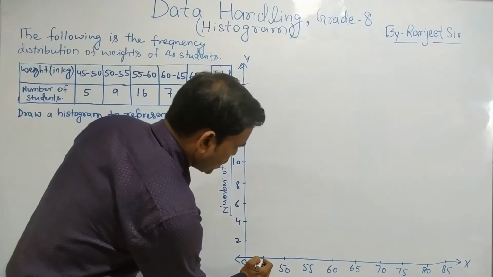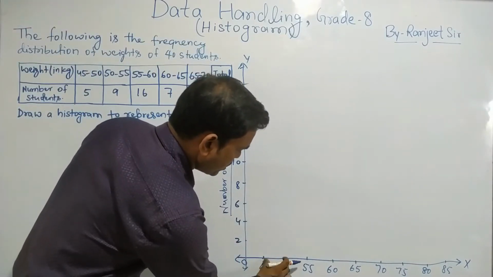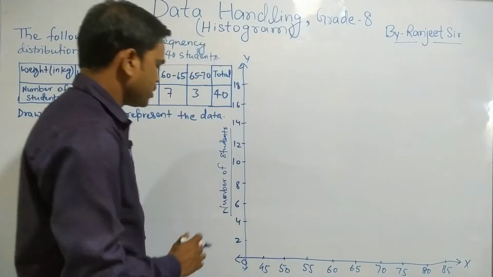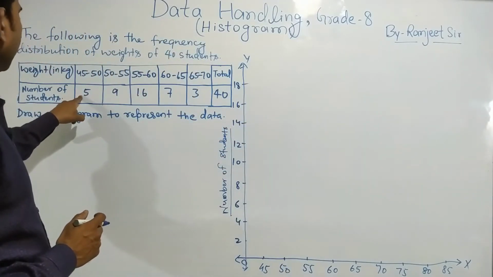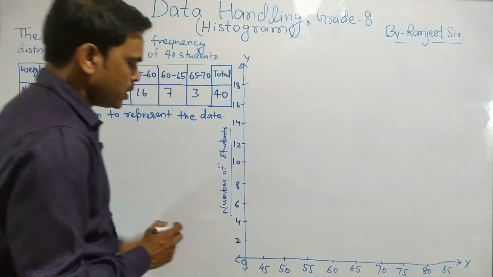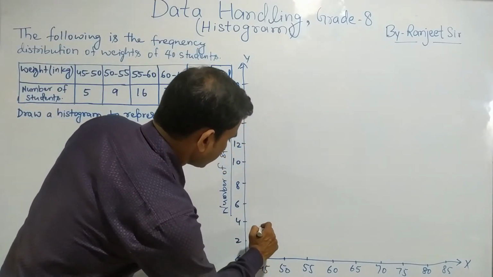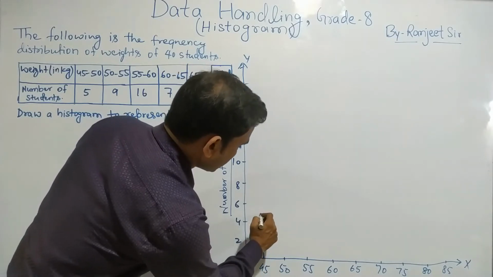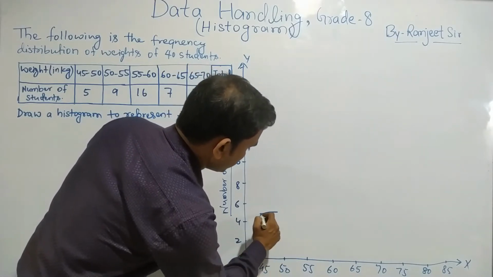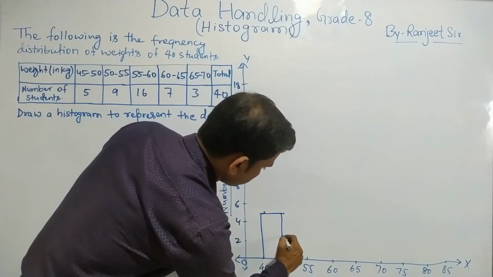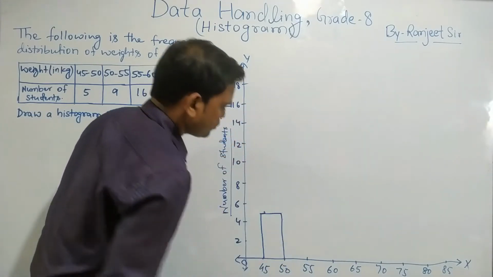So this segment, 45 to 50, we will represent for the number of students 5 only. So I'll increase it till 5, and this 45 to 50 I'll use like this.